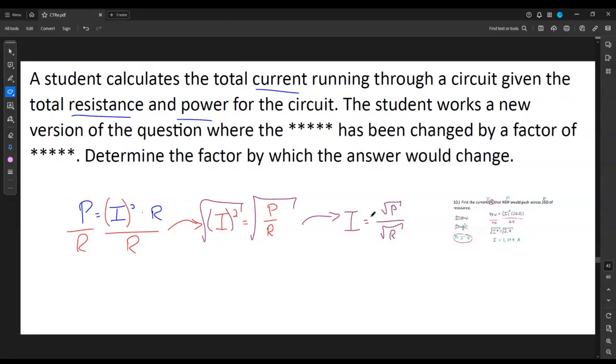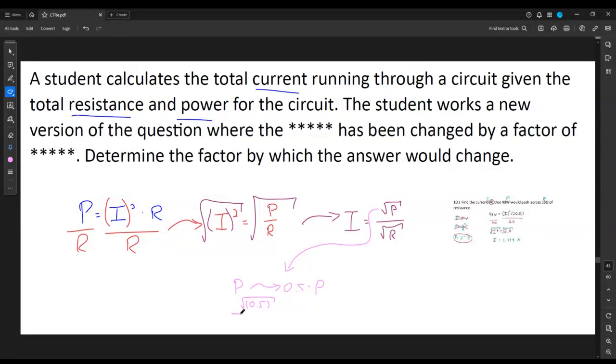Okay, so now I want to see what these things are going to do. Let's say that I take the power and I multiply that number by a factor. No surprise, we'll use a half. Then I want to pay attention to the fact that this plugs into the top of my fraction, but that's under a square root also.